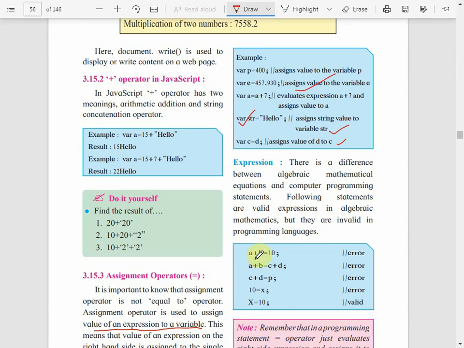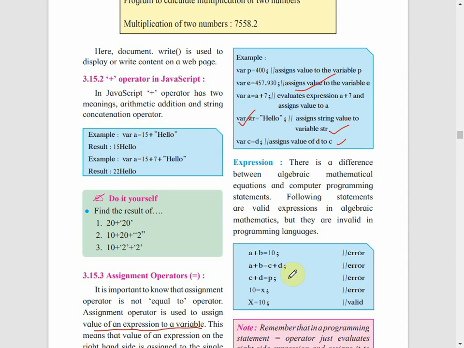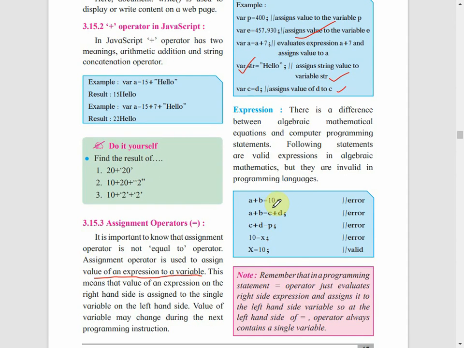The following statements are valid expressions in algebraic mathematics, but they are invalid in a programming language. a plus b equal 10 is correct in algebraic mathematics, but in programming it shows an error. a plus b equals c plus d shows an error, but in mathematics it is correct. c plus d equal p is correct in mathematics, but in programming it shows an error. 10 equal x is correct in algebra, but in programming it shows an error. But x equal 10 is correct, as the value is assigned to x.